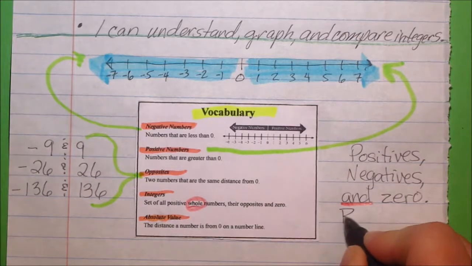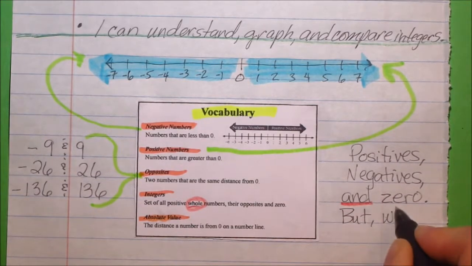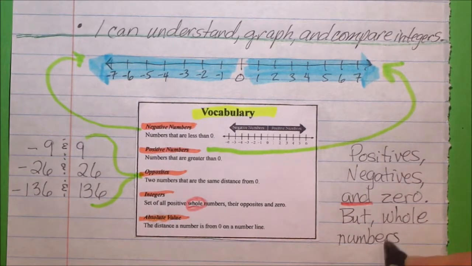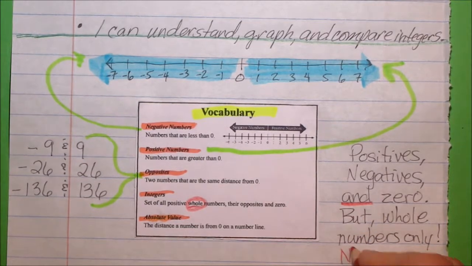Okay, but here's the important part about integers. They have to be whole numbers only. Okay, so what does that mean then? That means no decimals or fractions.